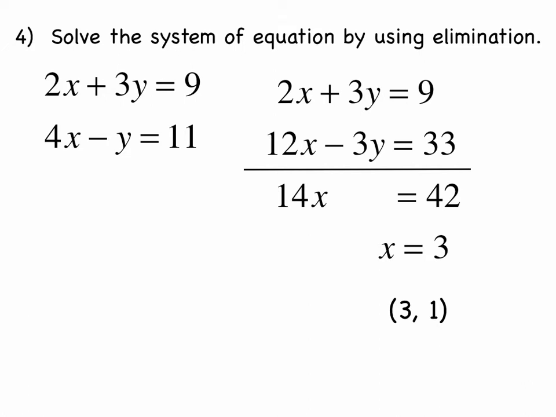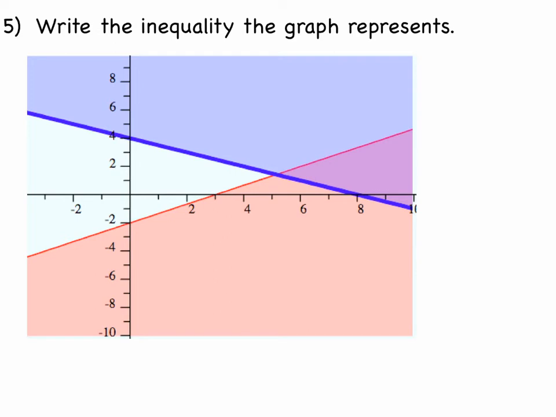If you have any questions on these problems, please make a note of it and we'll go over it in class. Okay, a tricky one here. We have two equations. Actually, they're inequalities. The blue one should be a solid line. The red one should be a dashed line. Go ahead, take a couple minutes, try and figure out these equations, and let's see if you got it right.